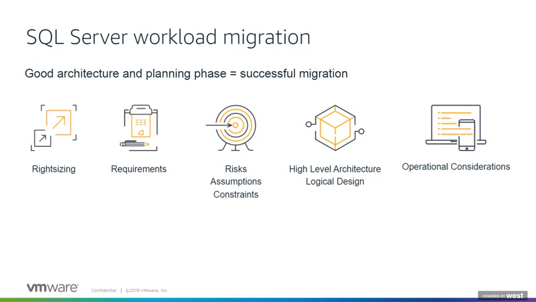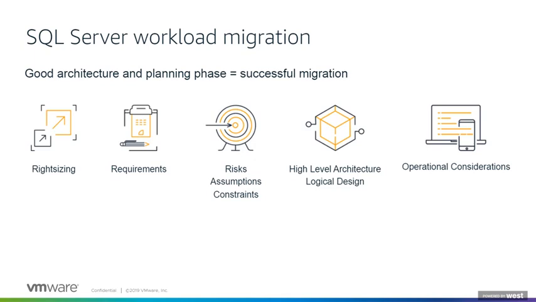Remember to collect all requirements, all technical requirements, all networking requirements, that will be very important here, including your security zone placement and VLANs that should be extended to VMware Cloud on AWS. Ensure to have risk, assumptions, constraints and a risk mitigation plan while migrating your workload, followed by high-level architecture and logical design.